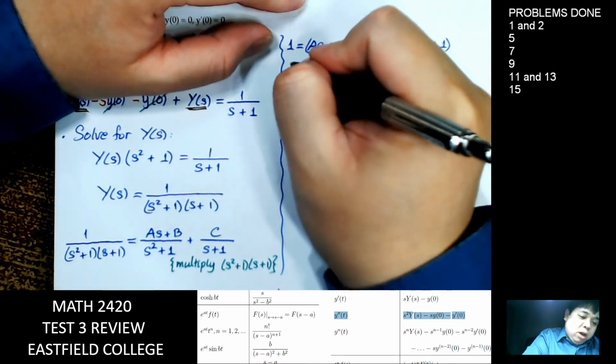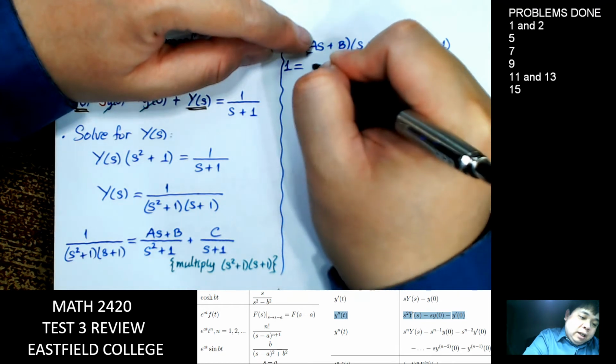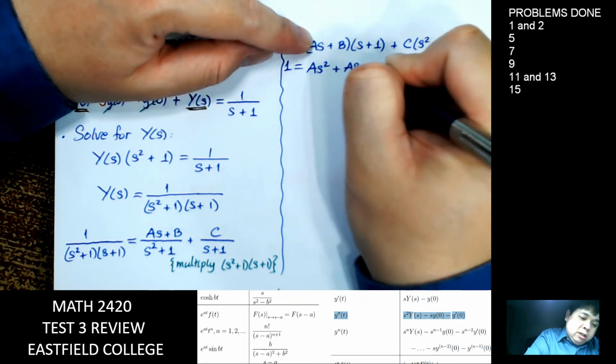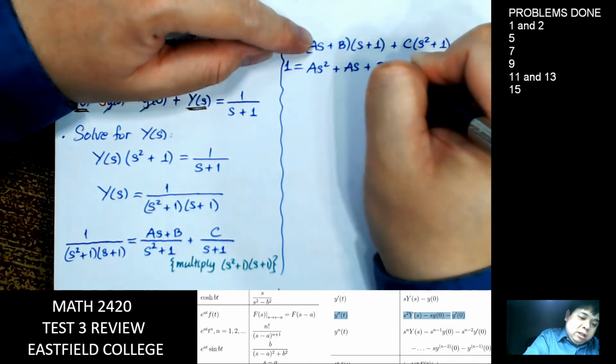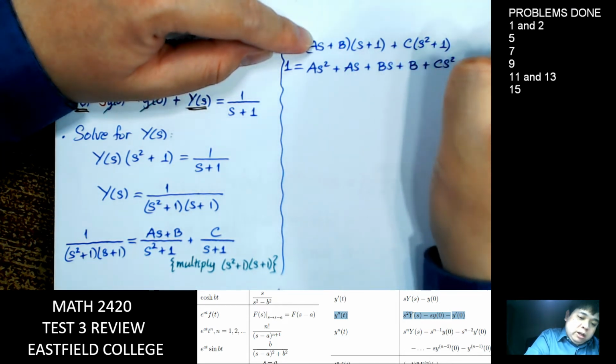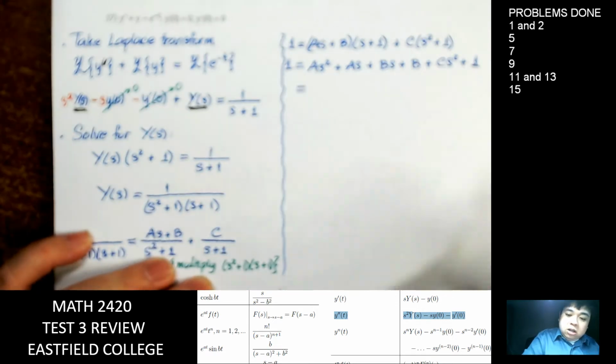Now we just multiply it out: as squared plus as plus bs plus b plus cs squared plus c. Now we combine like terms.